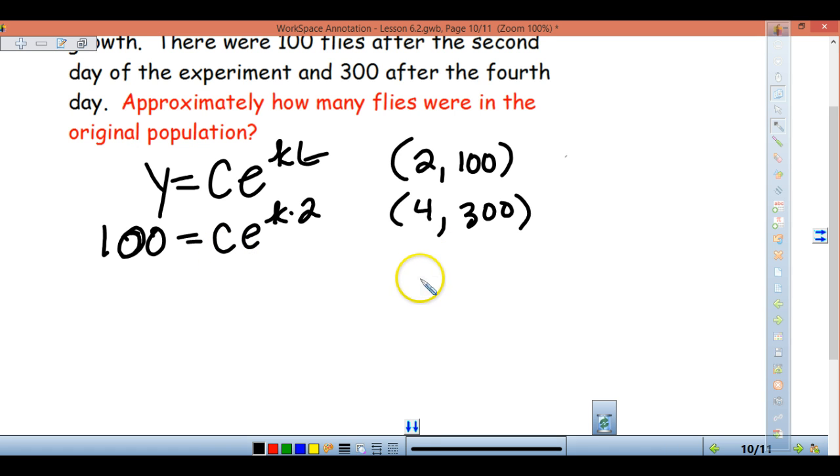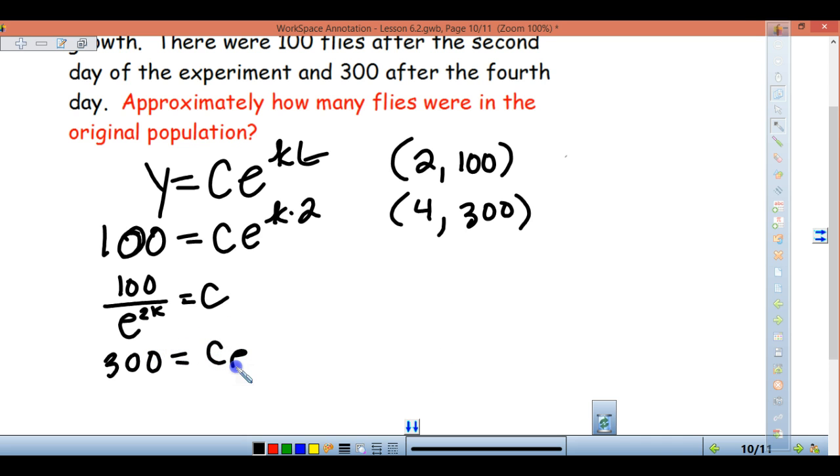If I solve for c, I'm going to have 100 divided by e to the k times 2, or 2k. As it stands, it's not particularly helpful, so let's plug in the other point: 300 equals c e to the k times 4.